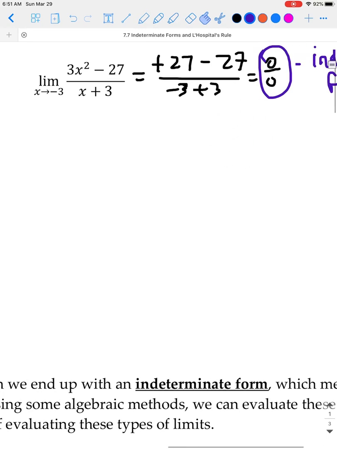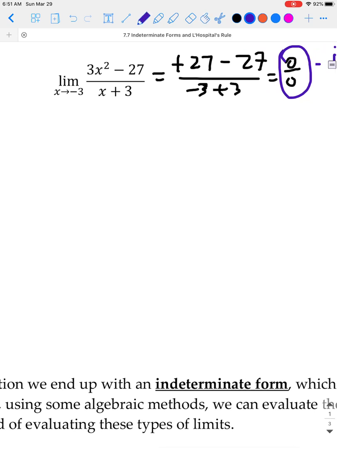So suppose we don't know L'Hopital's rule and we wanted to evaluate this. The way that we did it in the past would be to do a little bit of algebra.